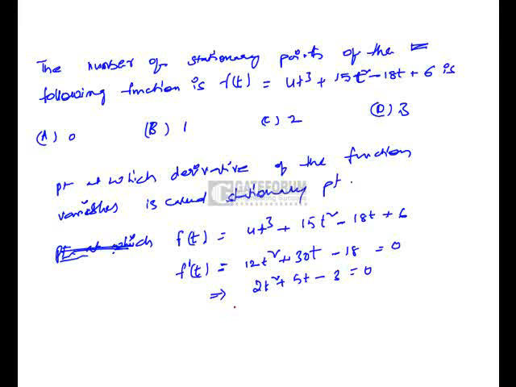If we factorize this, we'll be getting t plus 3 into 2t minus 1 is equal to 0. That means the possible values of t are minus 3 or 1 by 2. So here we can say this function has two stationary points. So here C is the correct option.